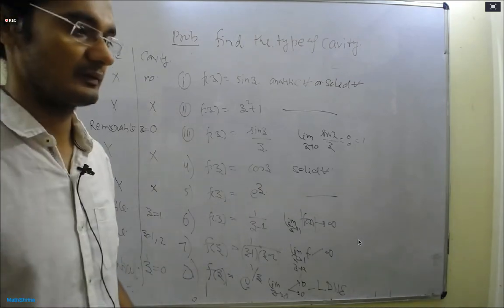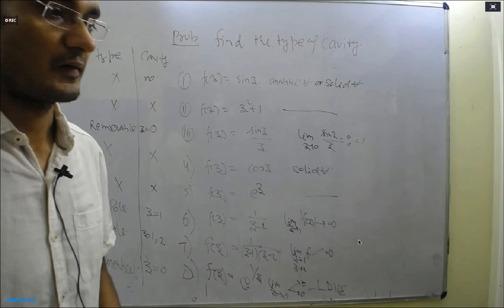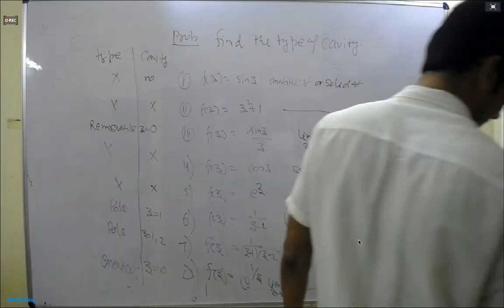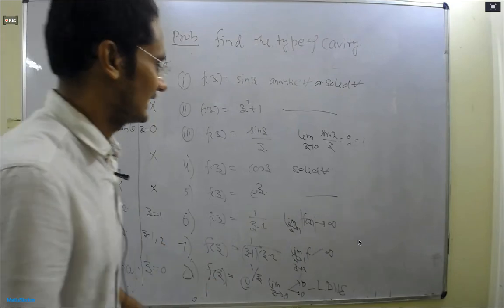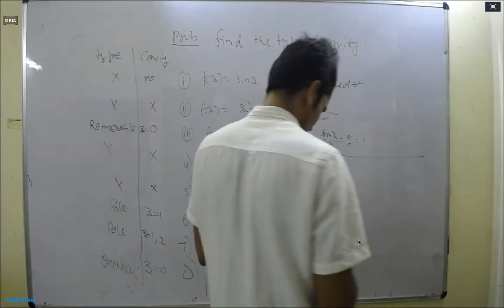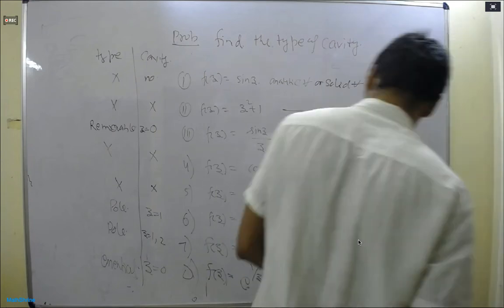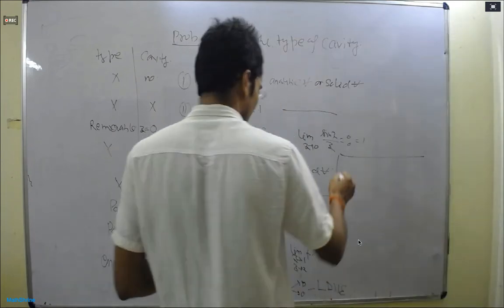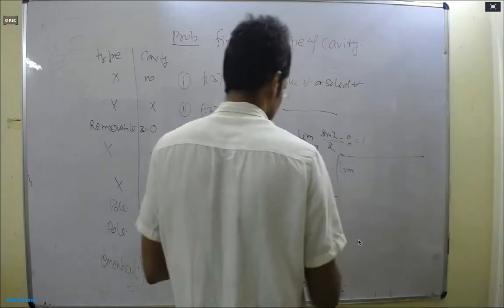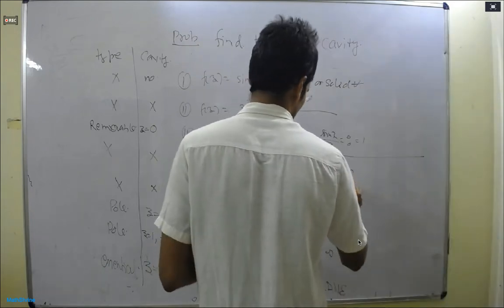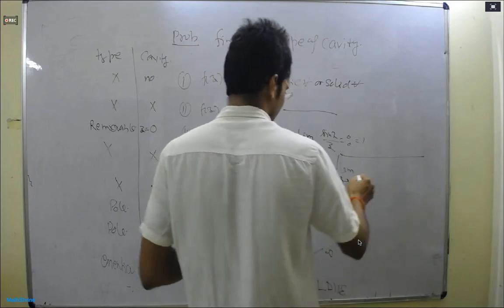Sir, didn't get the last one. So the last one is this. Calculate the limit z tending to 0 of e raised to the power 1 by z.